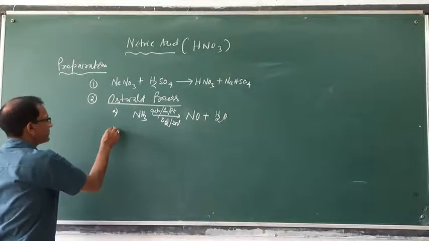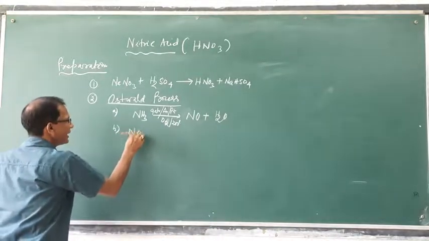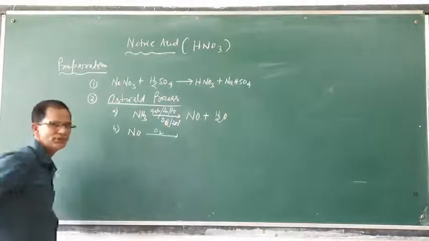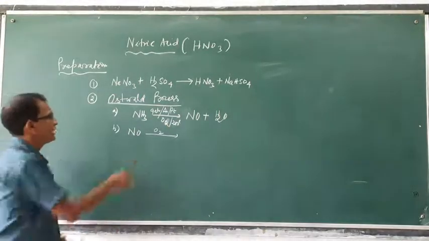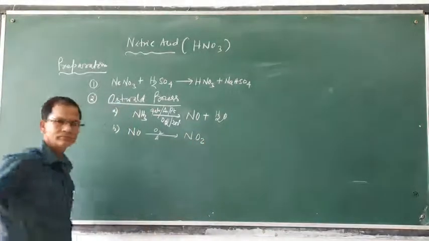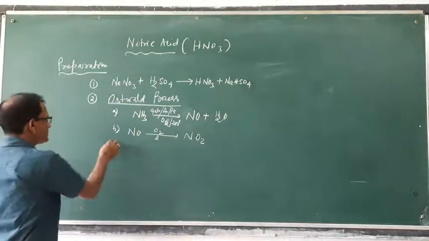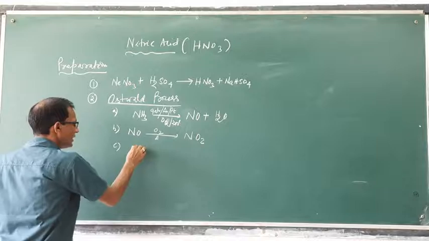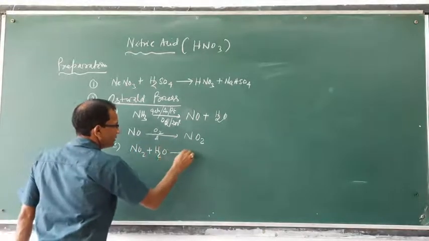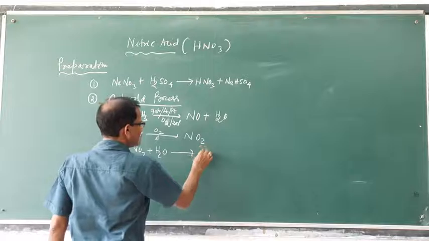Then in the second step, this nitric oxide is again heated in the presence of oxygen and gets oxidized to nitrogen dioxide. Then this nitrogen dioxide, when dissolved in water, produces nitric acid.